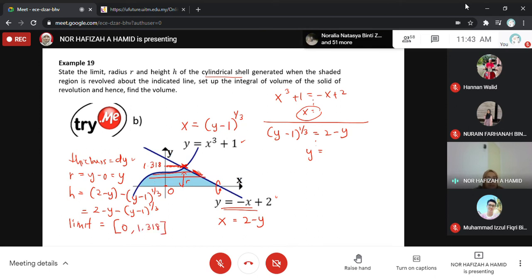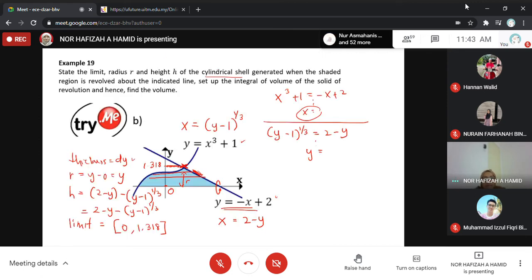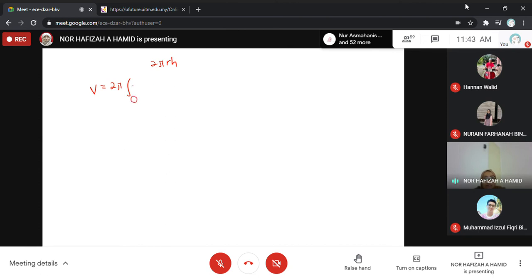Okay, so you have all the information. So you can set up and put it into the formula. So the formula for V, the shell formula, you have 2 pi. And the limit, I use 2 pi r h. So the limit first, 0 until 1.318.